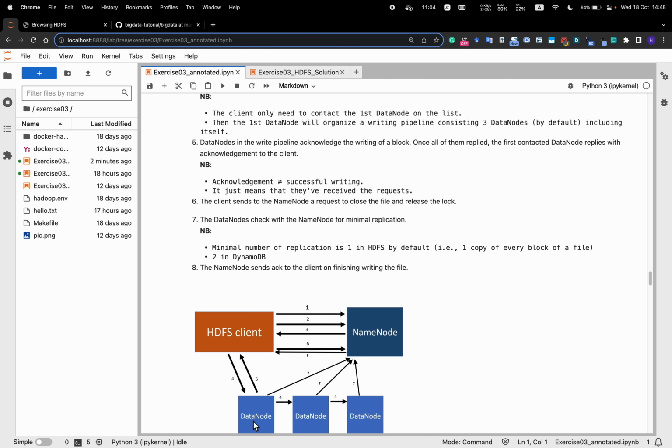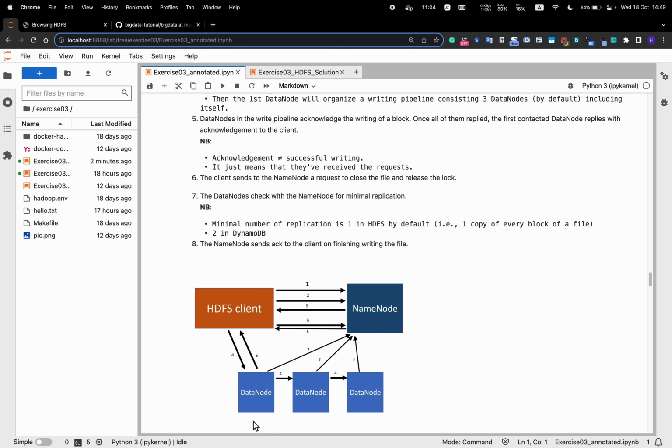And for this, HDFS by default is 1. DynamoDB, which is a newly published key-value store from Amazon, by default is 2. This number is a bit arbitrary, but typically it's a trade-off between efficiency and redundancy.